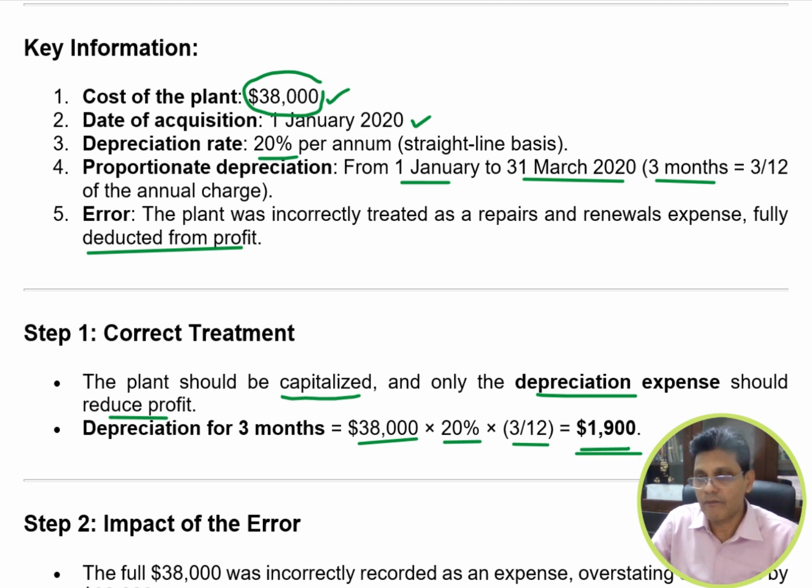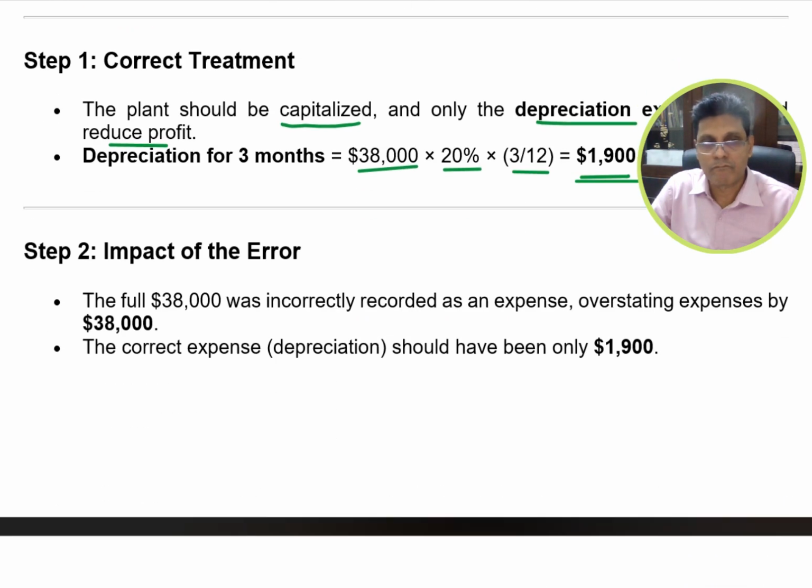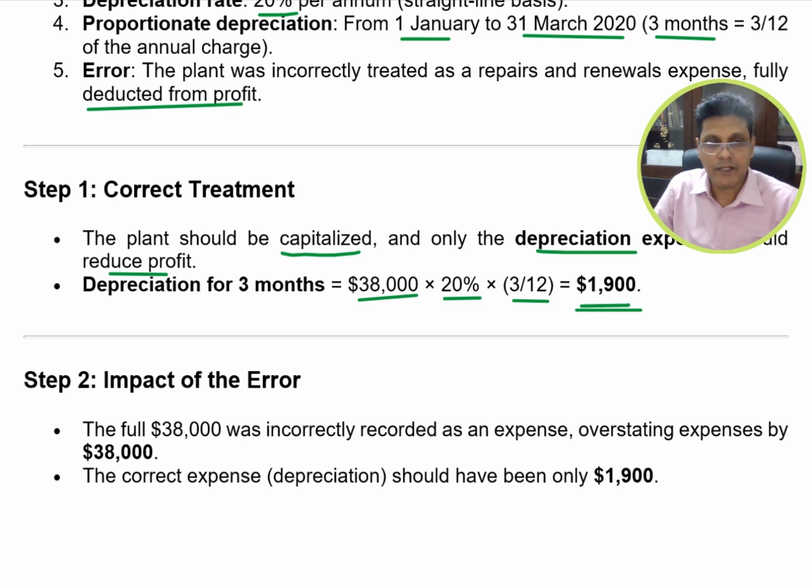So what is the impact of the error? The full 38,000 was incorrectly recorded as an expense, overstating expenses by 38,000, and the correct expense should have been only 1,900, which we calculated.